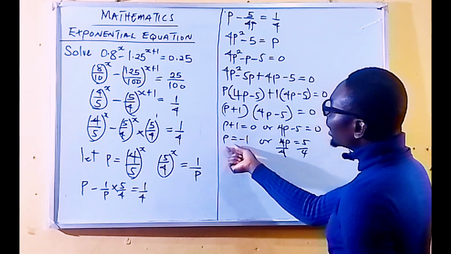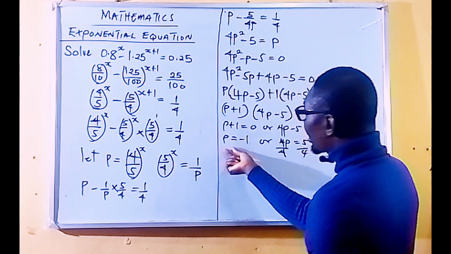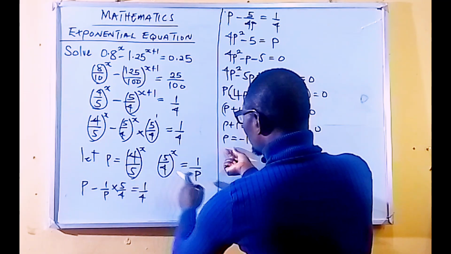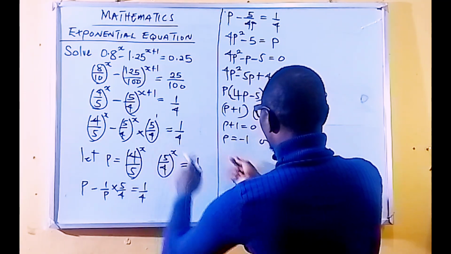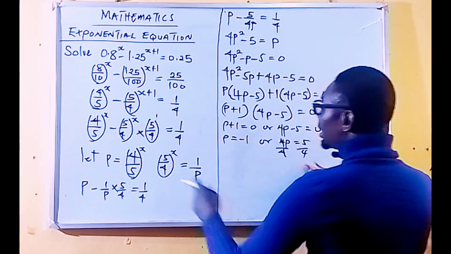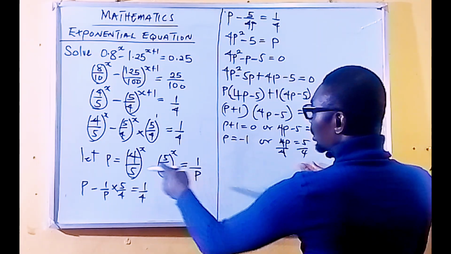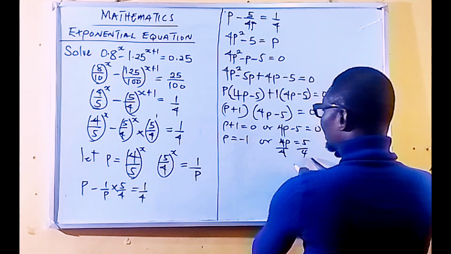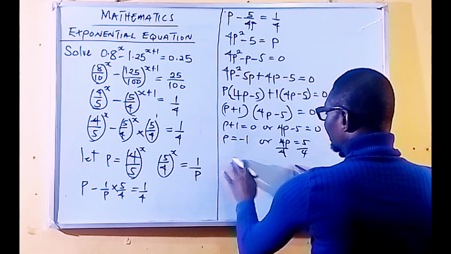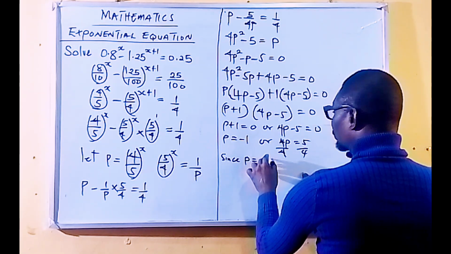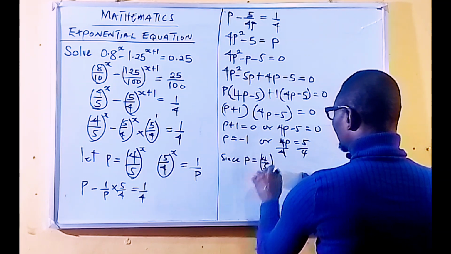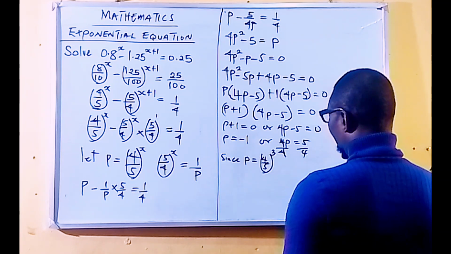But we said from the beginning that our p is equal to 4 over 5 raised to the power of x.